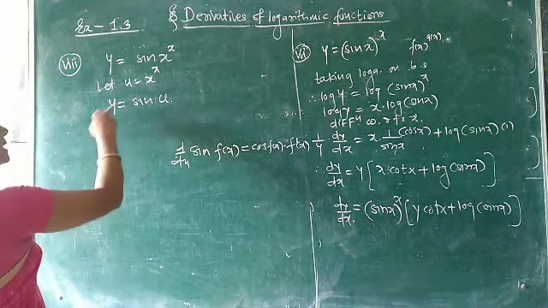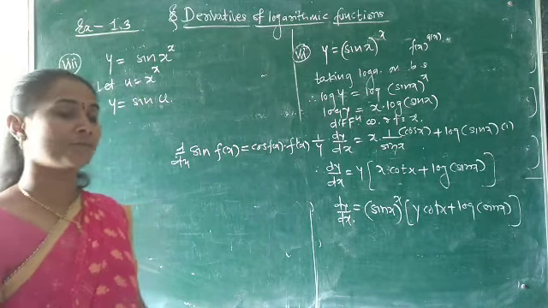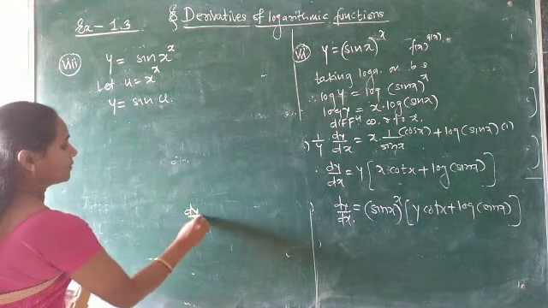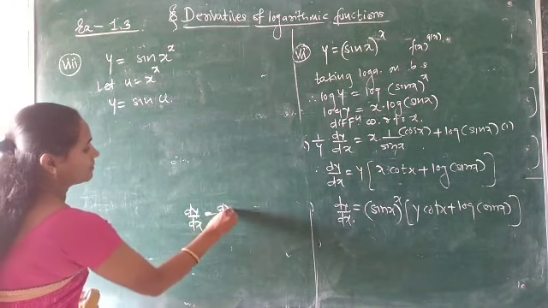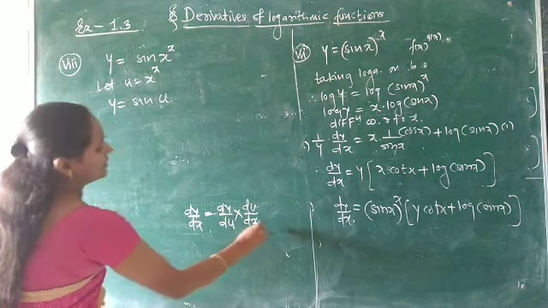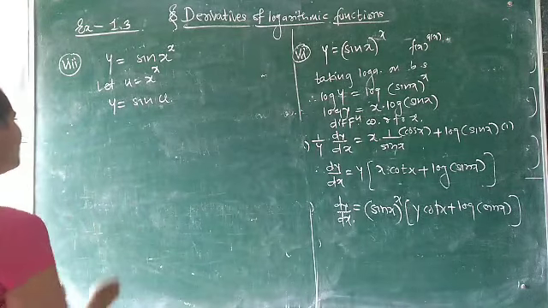Now here y is a function of u, but u is a function of x. And in the derivative of a composite function, dy upon dx is equal to what? dy upon du into du upon dx. So by using the composite function rule, we find the derivative of this function.